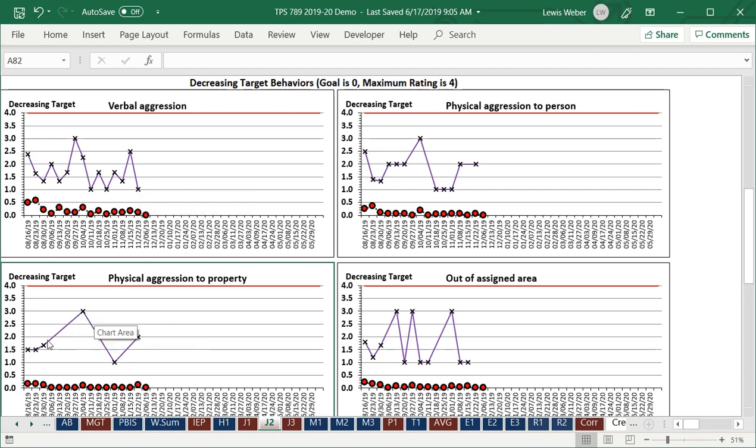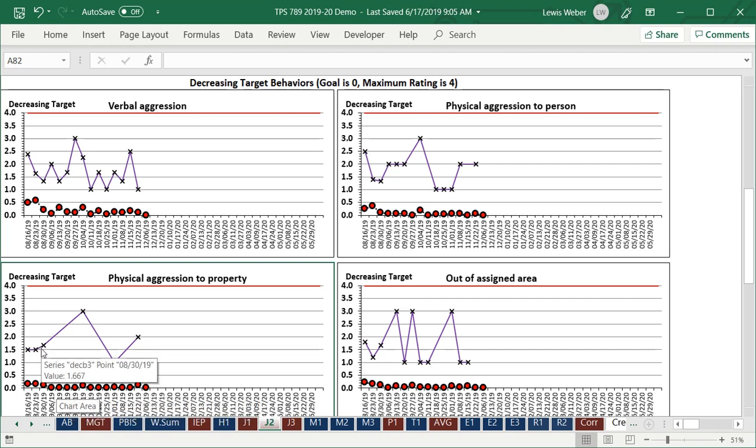Now, when there's no X, like from here to here, it's because there were no non-zero data. There were no other ratings, so it just skips over that. Being that Pete earned only zeros for physical aggression to property for this series of weeks right here, there are no non-zero ratings.